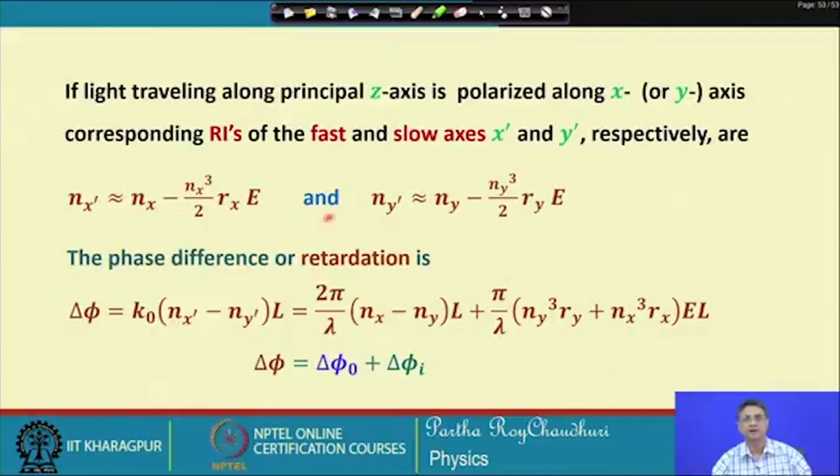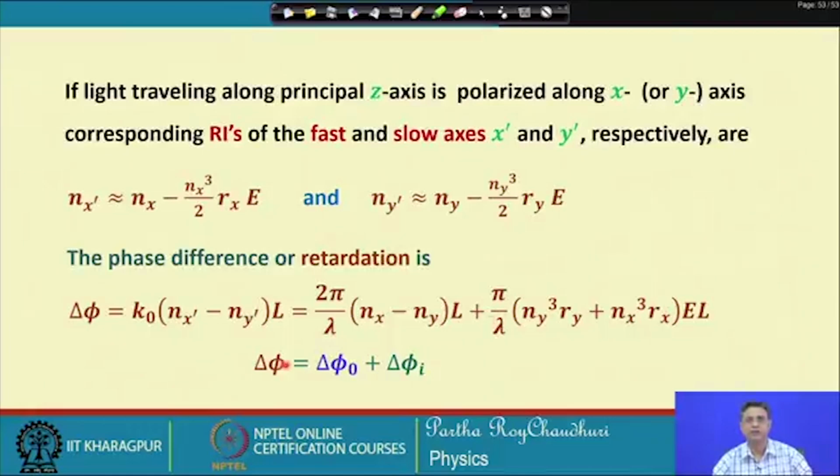Nx and Ny are anyway n0. So, therefore, you have an electric field dependent birefringence, which can be represented by this. Now, the rx and ry are the crystal's electro-optic properties, and this is a general way of looking at it. It depends on the specific crystal.